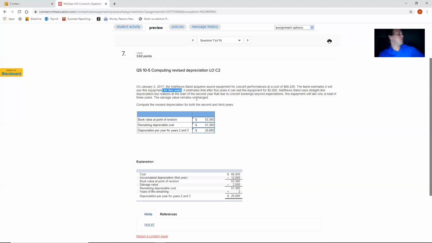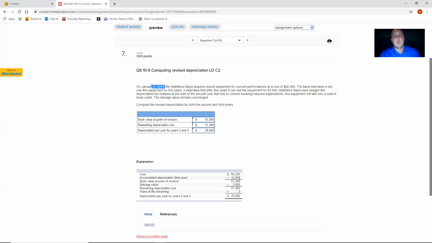So what we do when we revise the estimates is we basically just say, okay, everything we've done so far is okay, but based off of today, we're going to redo that value, okay? So we're going to need to calculate how much depreciation did we do from this period that we purchased it to the point that we realized those assumptions were wrong.